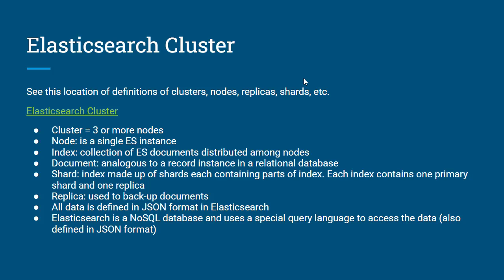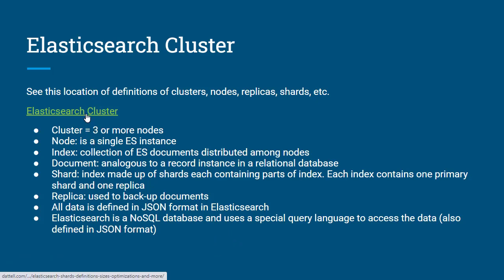A shard: an index is made up of multiple shards, each containing parts of an index, and each index contains one primary shard and one replica. Replicas are used to back up documents. All the data is defined in JSON format, and the query language that we're using is also in JSON.